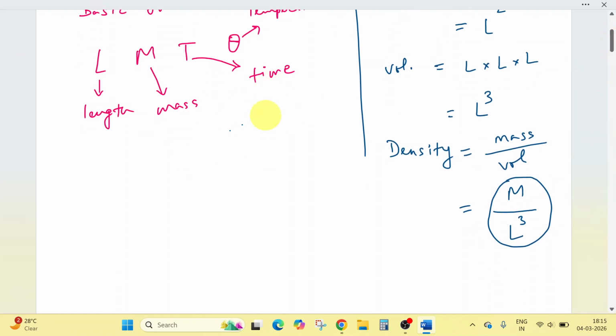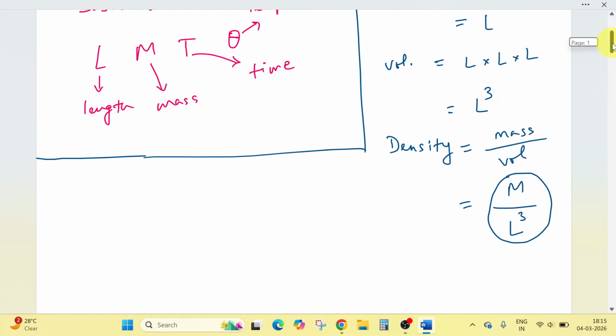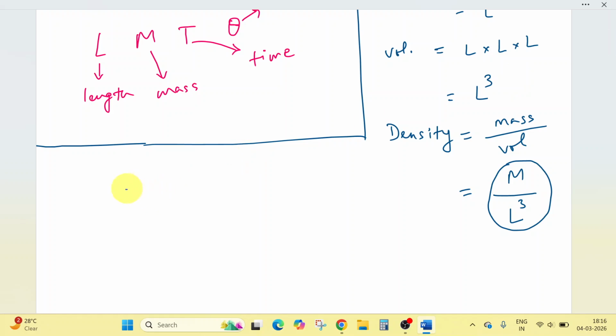Now time. Time is fundamental, but velocity is not fundamental, isn't it? Length is fundamental. If we talk about speed or velocity, it is not fundamental, it is derived because you see, it is basically distance by time, na?